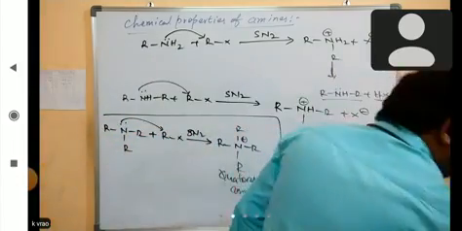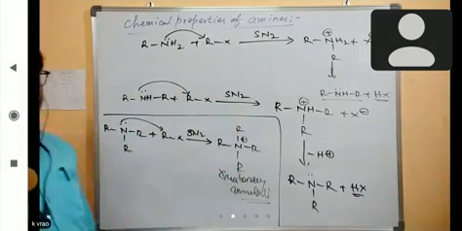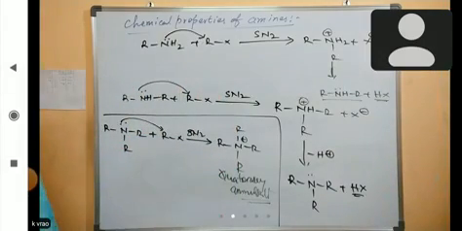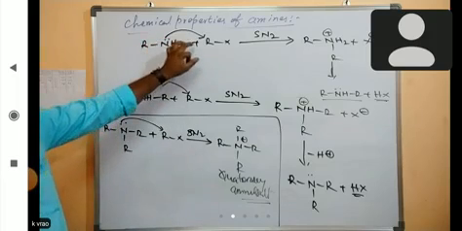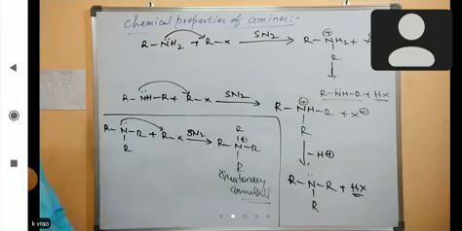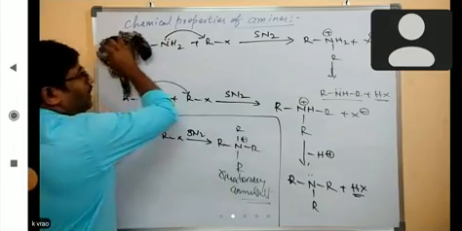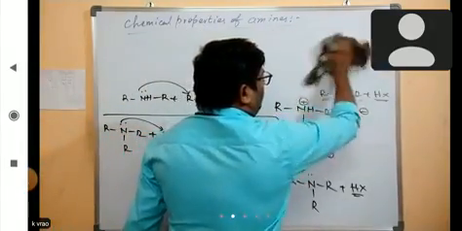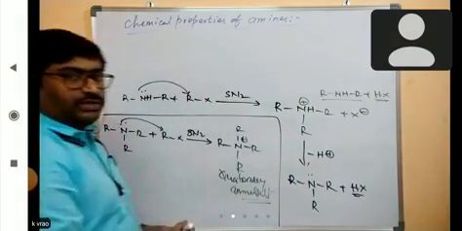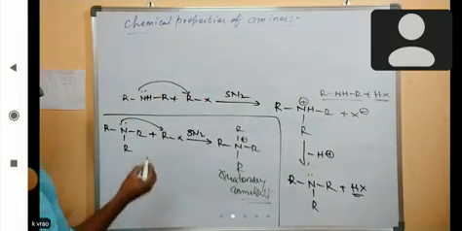Now, steric factors affecting the alkylation of amines. This reaction proceeds by the SN2 mechanism, so the halide X in the alkyl halide must be a better leaving group; then it favors the SN2 mechanism.